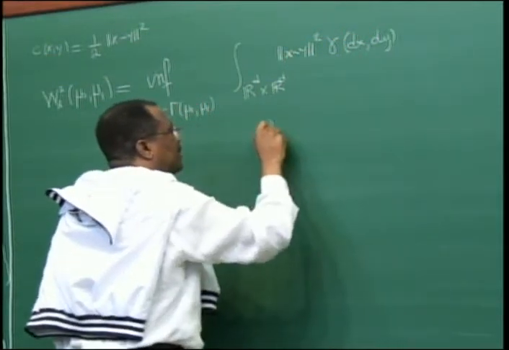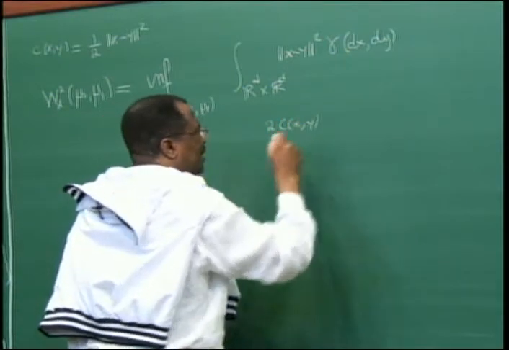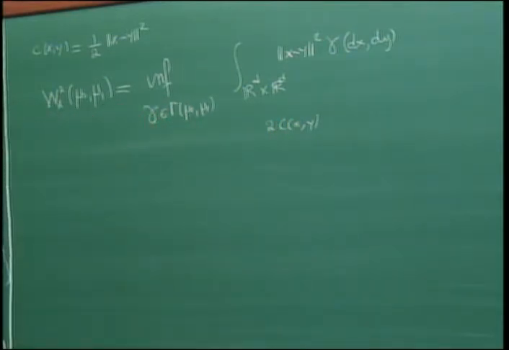So it is 2c(x,y) that is the cost I am using.